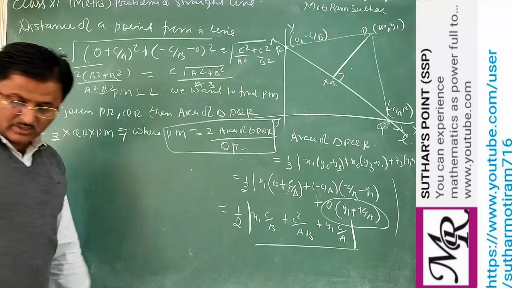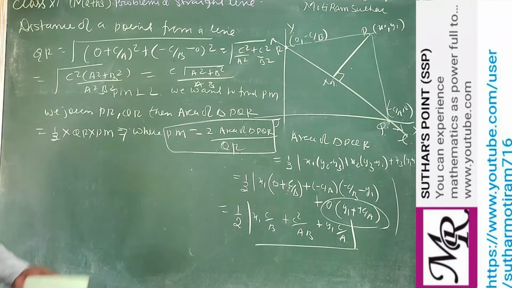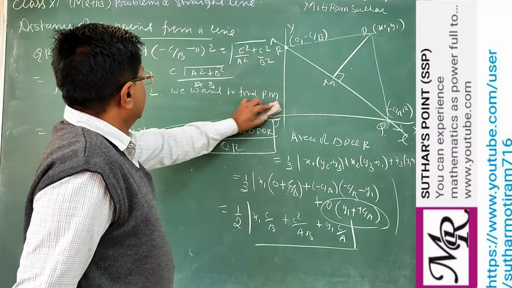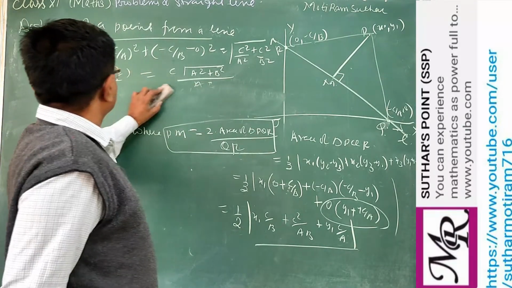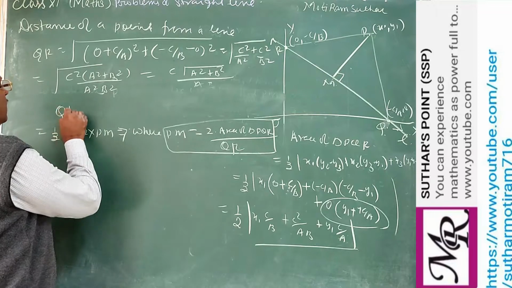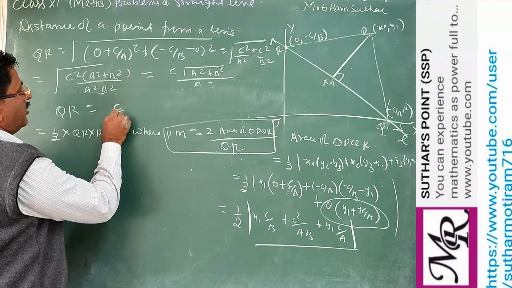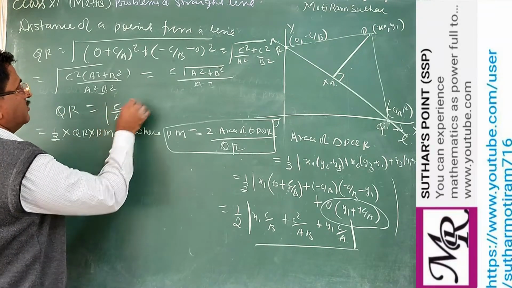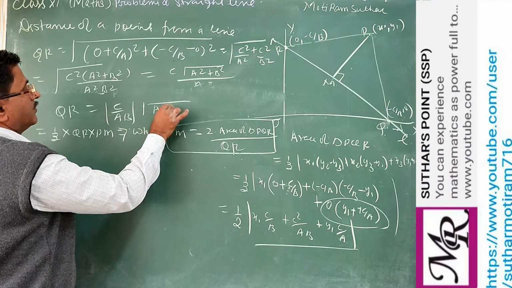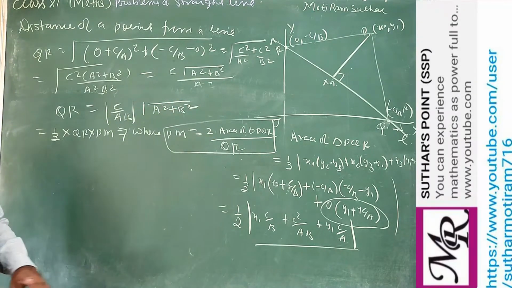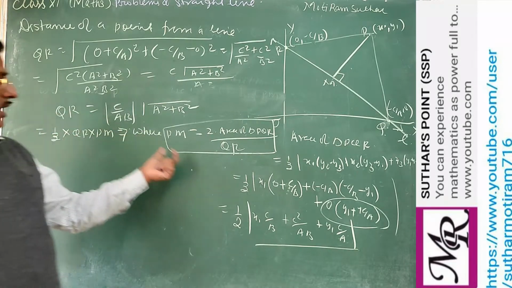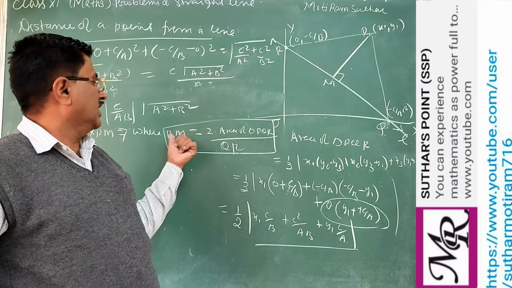Square and square root cancel out. So finally the distance QR is equal to c upon ab, and since this is a distance, you take the modulus, positive. So we get the value of QR and we get the area. Now put this, we get PM.